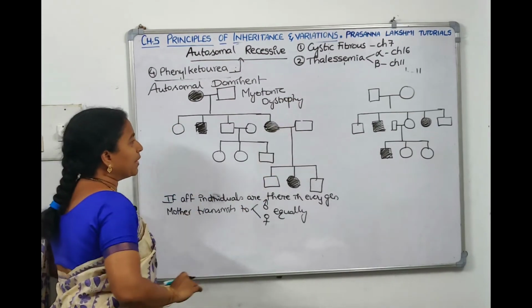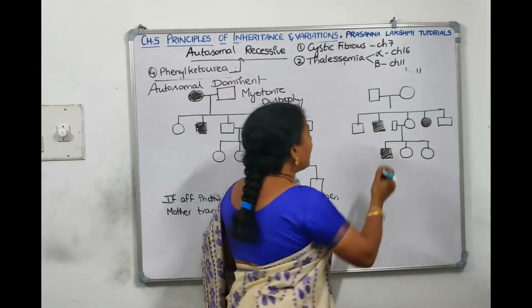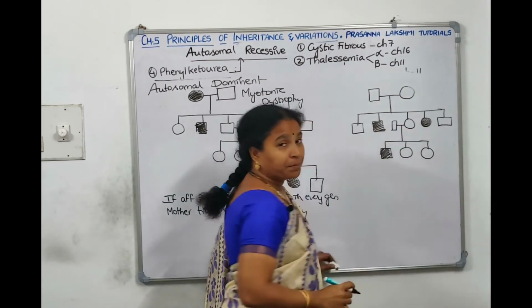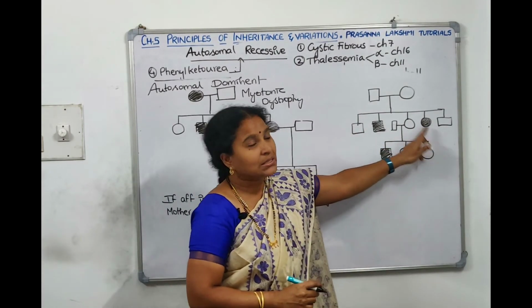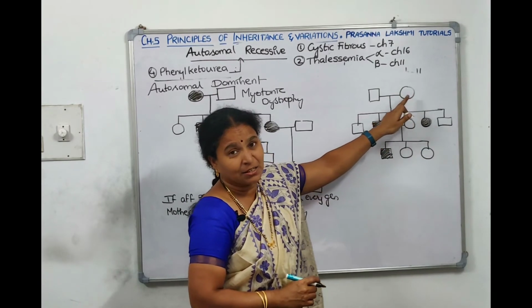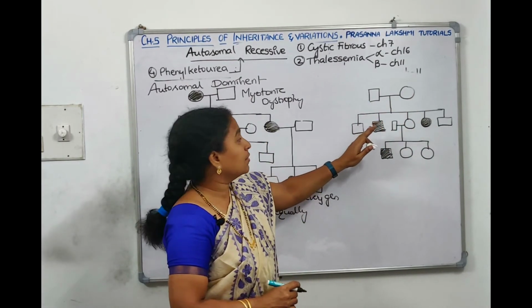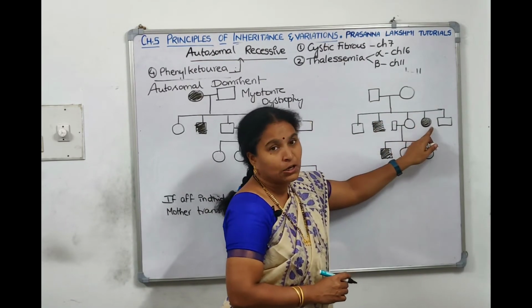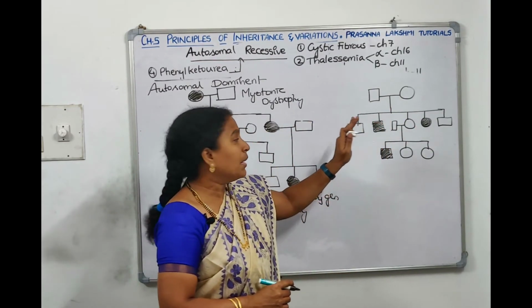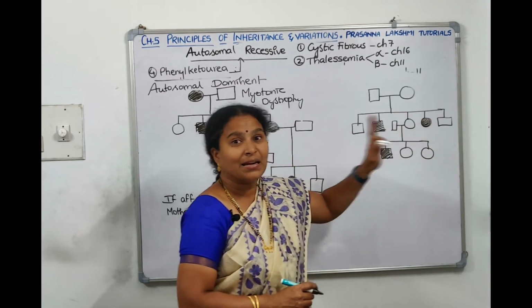And coming to the other pedigree, here the parents are not affected, but the children are affected. That means both parents are carriers and have equally given it to son and daughter, so son and daughter are equally affected. Again it is autosomal.